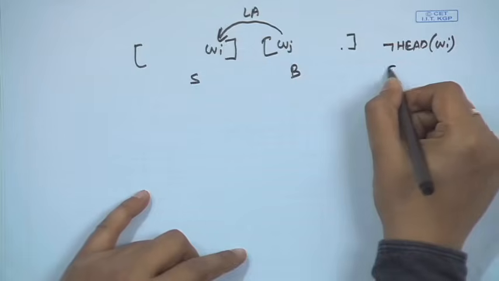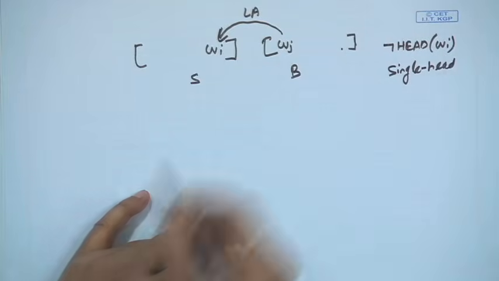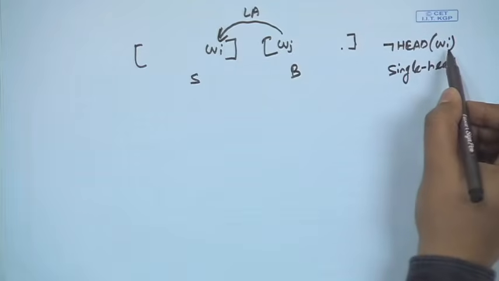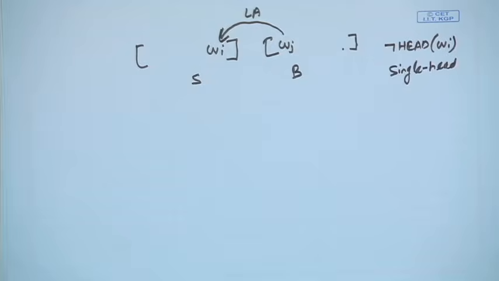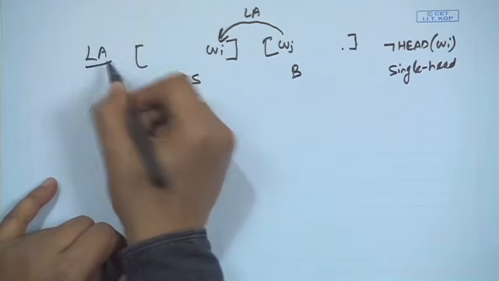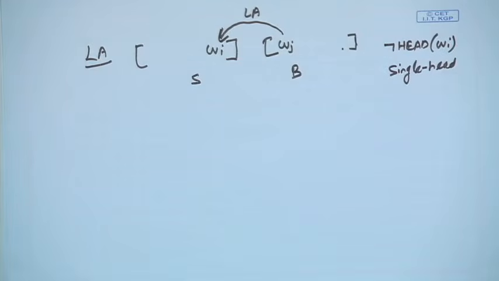Can you see what particular condition in dependency parse it violates? Dependency parse has a single head constraint. That says each word can have at most one head. So, if Wi already has a head, then I cannot apply this particular transition. That is, left arc can be applied only if Wi does not already have a head.